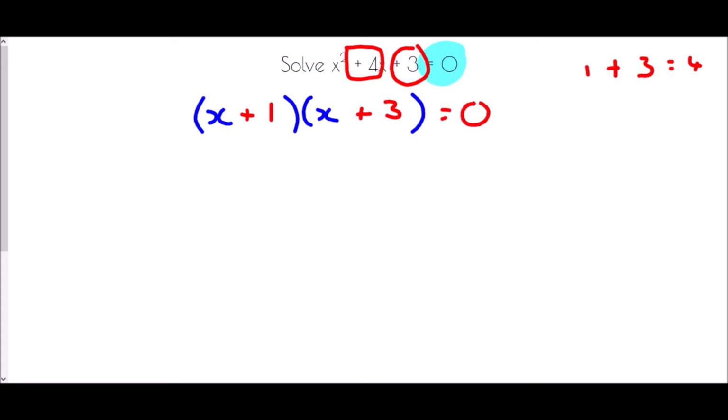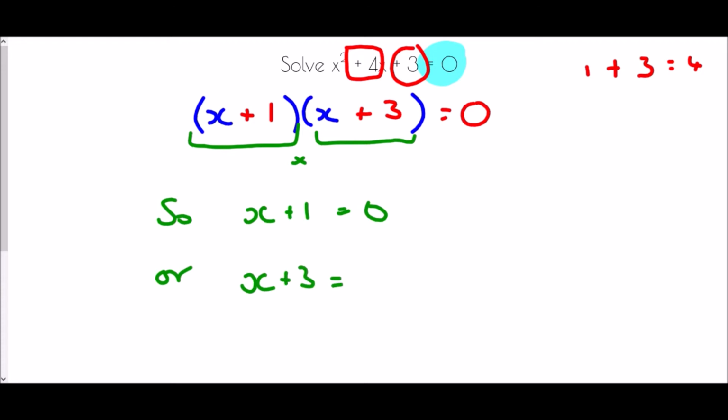Now, in order to solve it, what we need to be just thinking about here is, what do these pair of brackets actually mean? Well, it means we have something multiplied by something else, and we've got something times something makes 0. Well, now what that means is one of those things must be 0. So either x plus 1 equals 0, or x plus 3 equals 0.